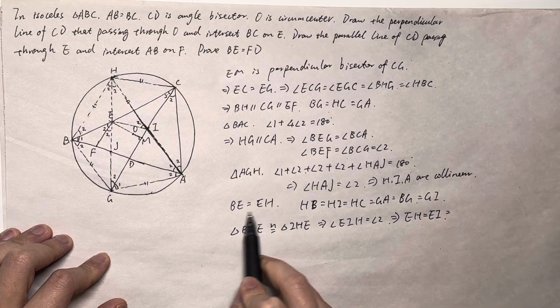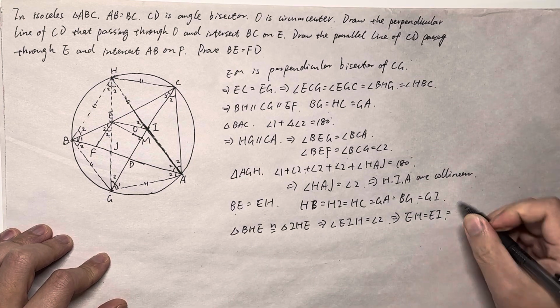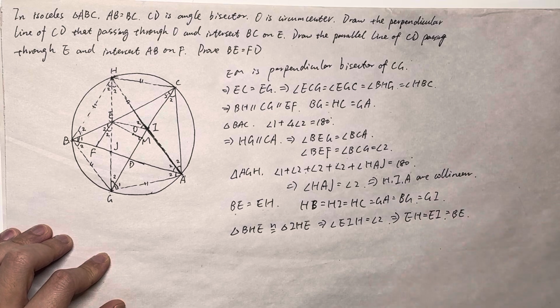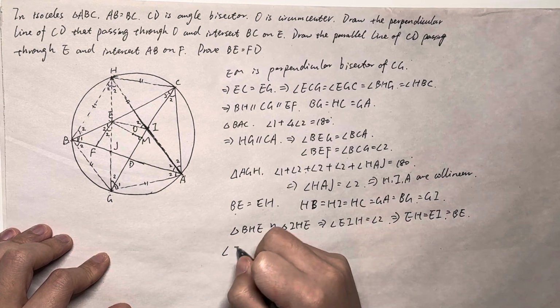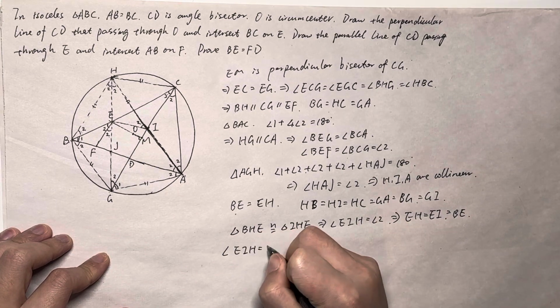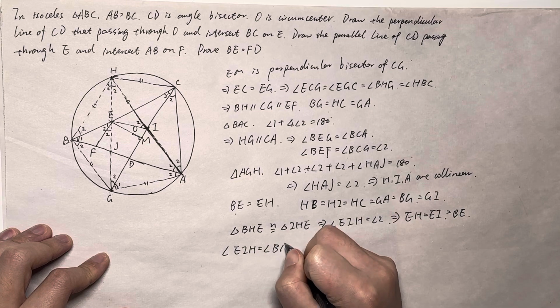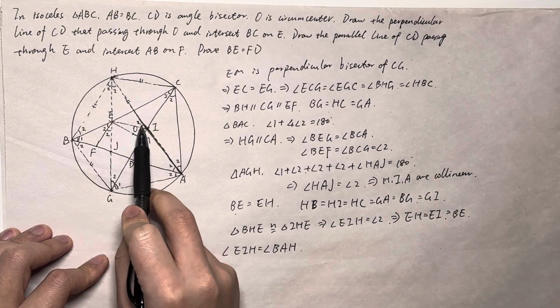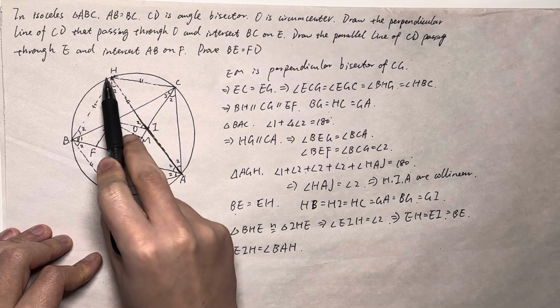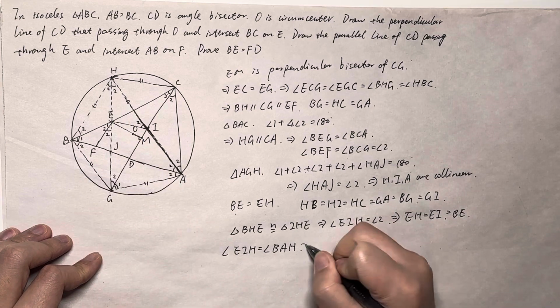And we already know that EH equals BE, so EI equals BE. And angle EIH equals angle BAH, which equals angle 2.